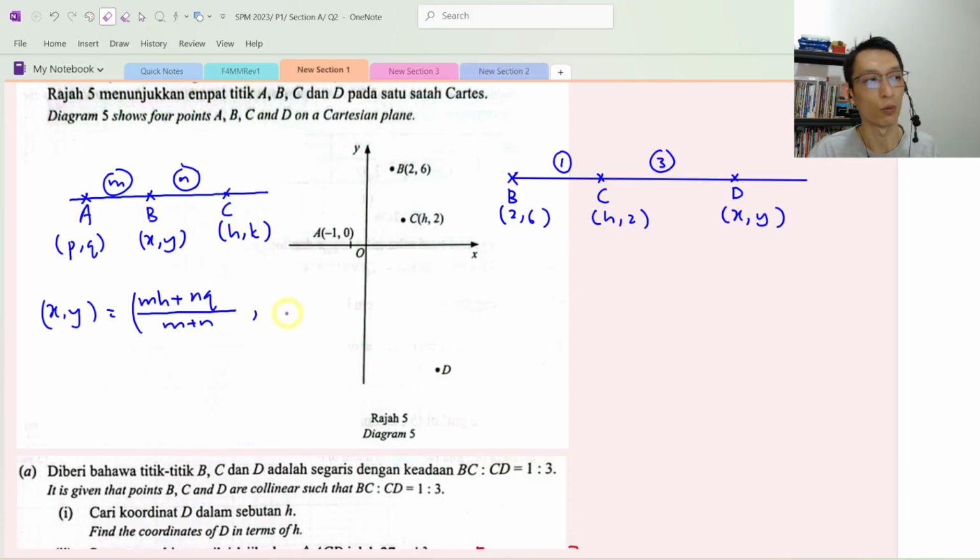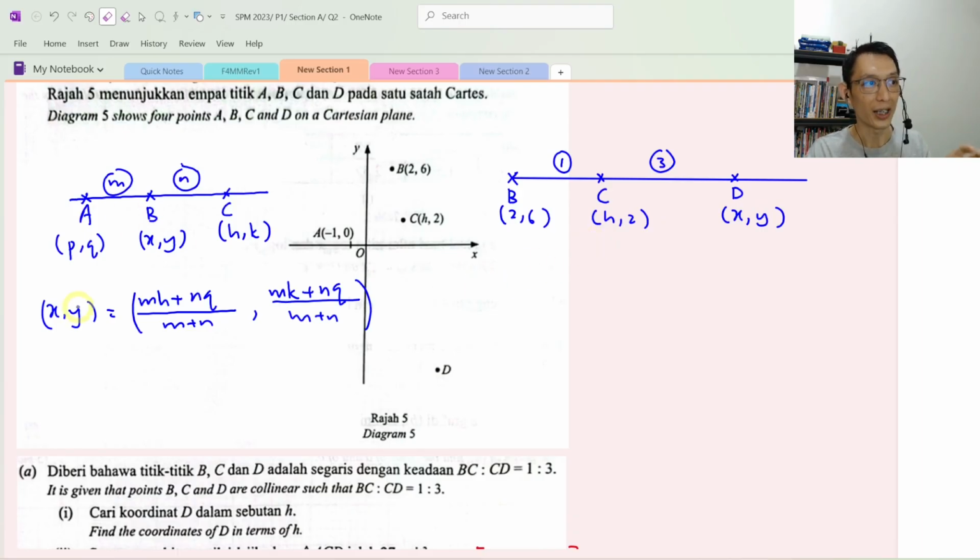Do the same thing for the y coordinate, m times k plus n times q, divided by the sum of these two numbers. So this is for x and this is for y. Now we are going to apply this formula to form an equation first, and then we'll be able to get the coordinates of D in terms of h.